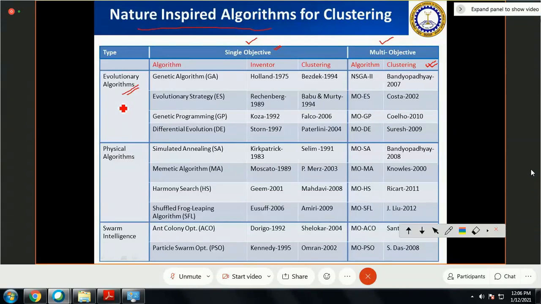Then next comes swarm intelligence. Swarm intelligence is the collective intelligence of a group, like a group of ants. You know that when you put some sugar particles, many ants will move from their hole to collect the sugar particles, and they move in an optimized path because they have to carry the food from the destination to their house.